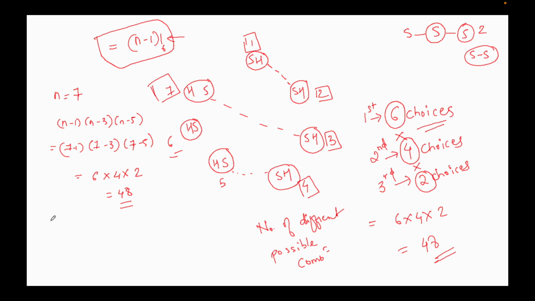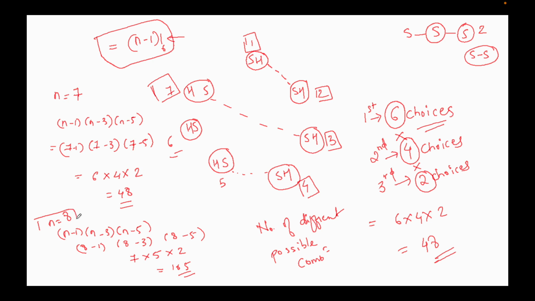Suppose we have n equal to 8. We can use the same formula, n minus 1, n minus 3, n minus 5. So 8 minus 1, 8 minus 3 and 8 minus 5, which is 7 into 5 into 2, which is 105.